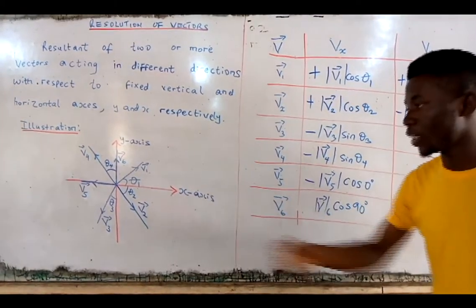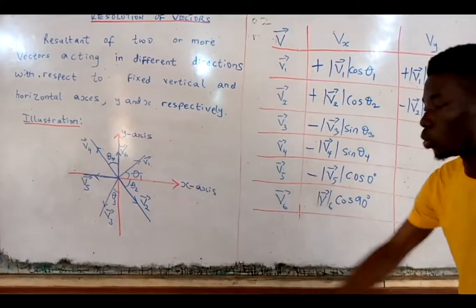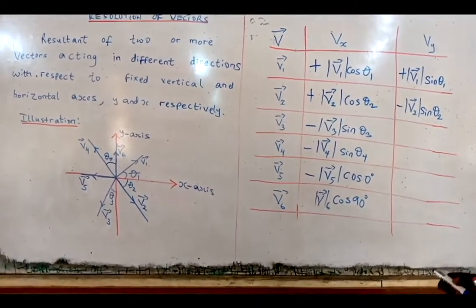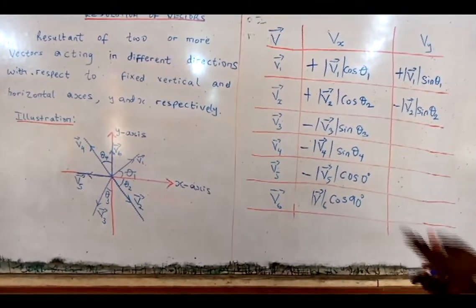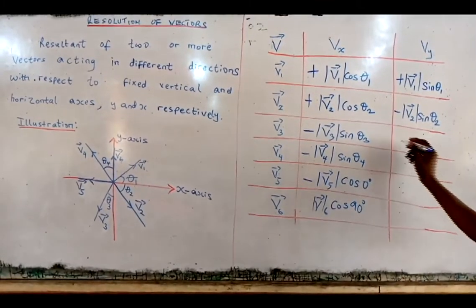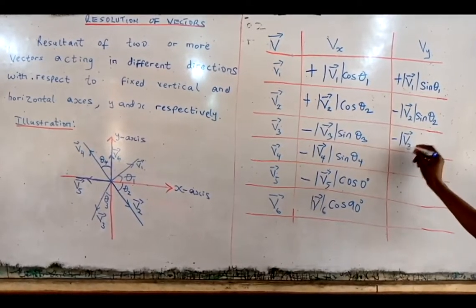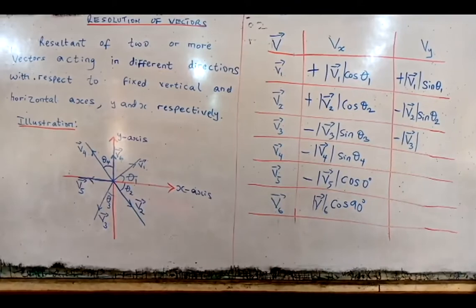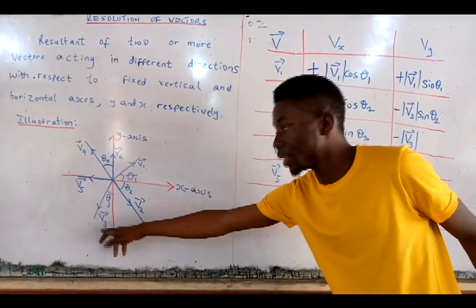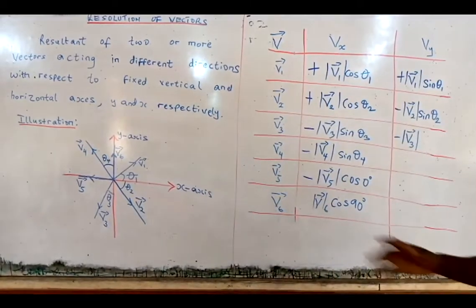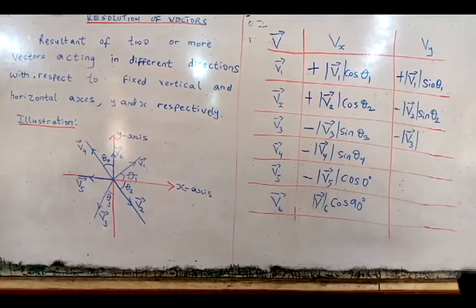Proceeding to vector v3. v3 is also below, which implies that we are going to have a negative value of v3 with respect to the y-axis. Now, the angle theta 3 is in between vector v3 and the y-axis, and we are dealing with the y-axis presently.